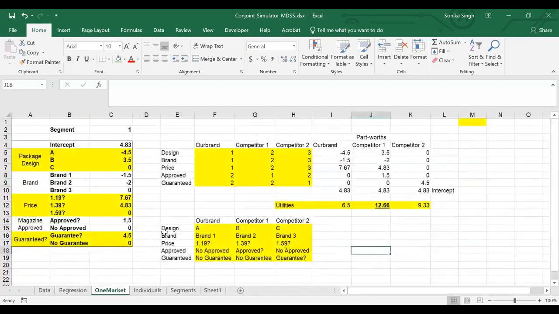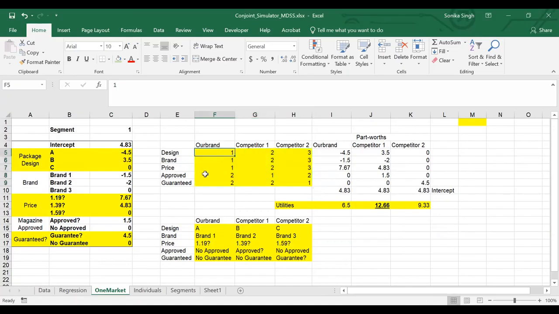Now, what do these attributes tell us? Let's say this is the intercept. These are the coefficients for the individual consumer. And this was the design that was shown to the consumer.